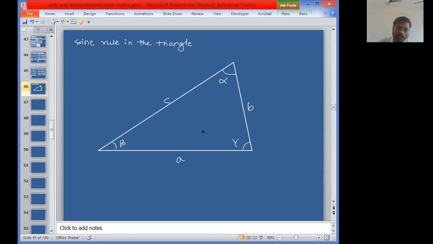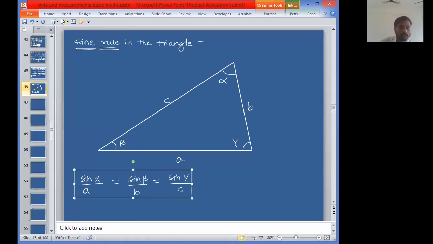So alpha is the angle opposite to side A, beta is opposite to side B, and gamma is opposite to side C. The sine rule in the triangle says that sine alpha upon A is equal to sine beta upon B, is equal to sine gamma upon C. This is true in any triangle. Okay, sir, this rule we will remember from here onwards as the sine rule.